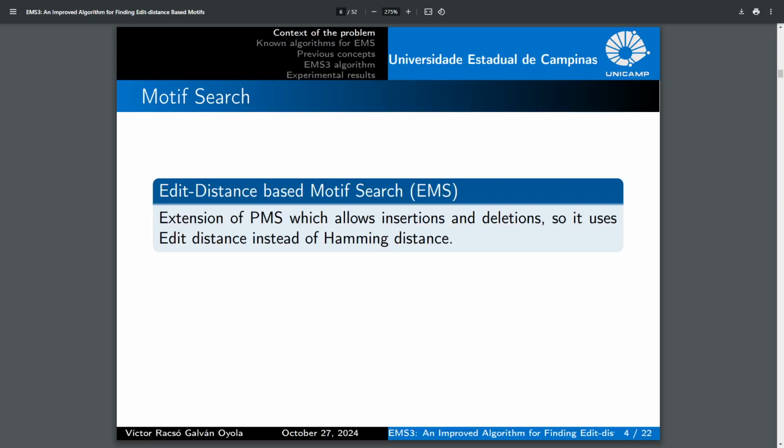So while the PMS uses Hamming distance, the EMS uses edit distance.